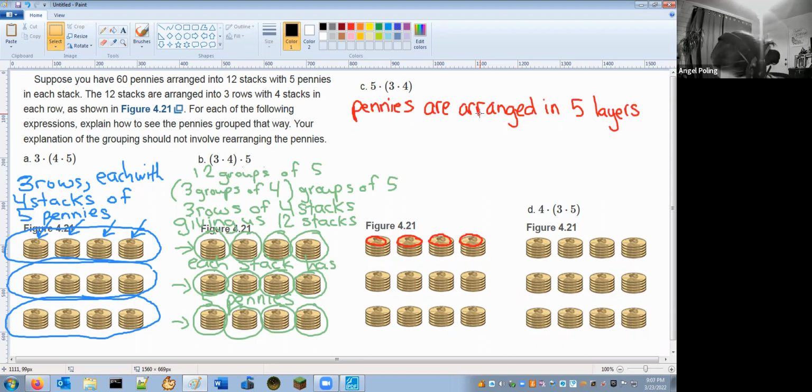And then each layer has 3 groups of 4. So 3 rows.